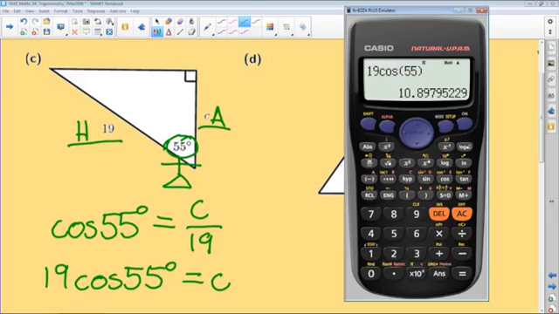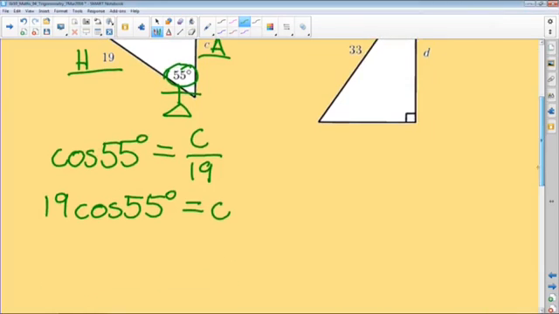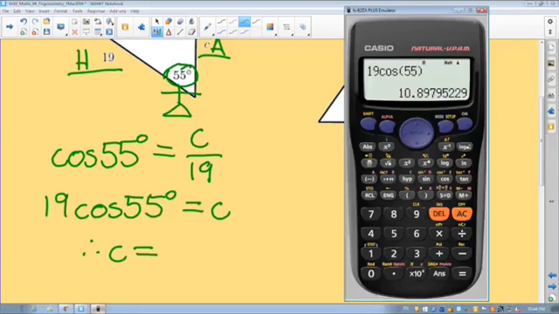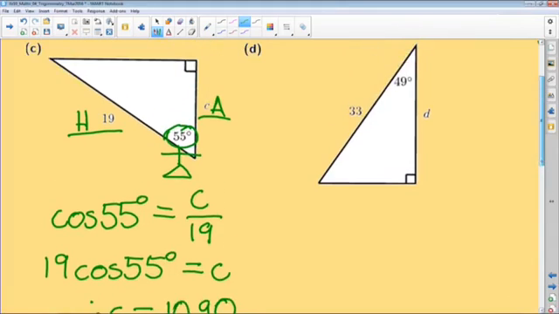So I'm going to round it off to 10,90. Therefore, c is equal to 10,90. Now c is a length, so it's not degrees, it's just in units.